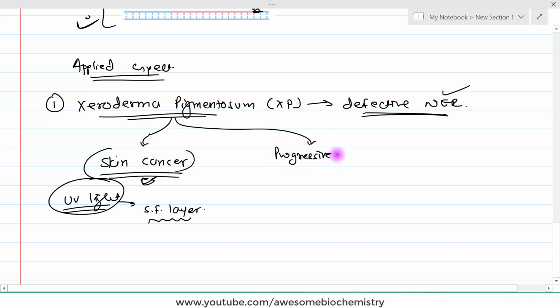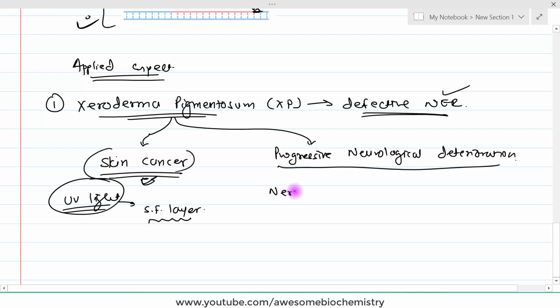Progressive neurological deterioration. Now what is the reason for this progressive neurological deterioration? The reason for this is that neurons have a high rate of respiration. Okay, a nerve cell, or you can also call it a neuron, has a high rate of respiration.